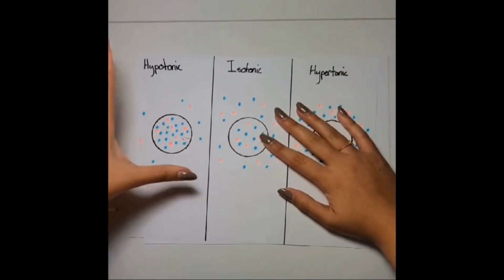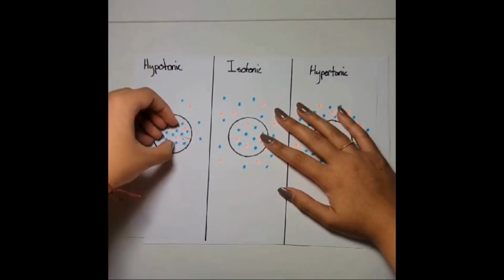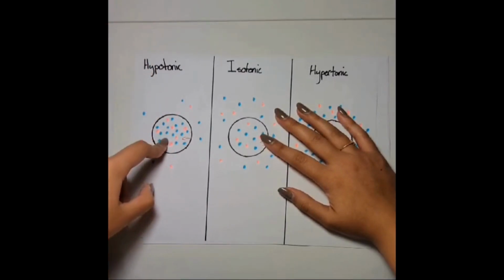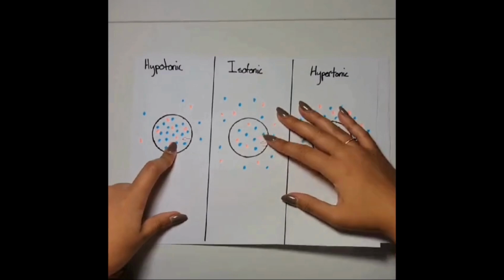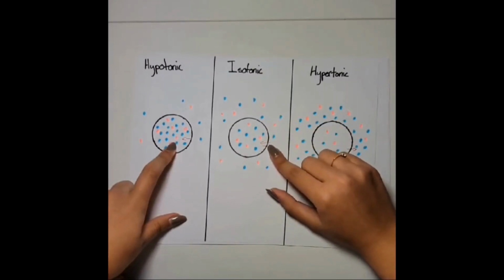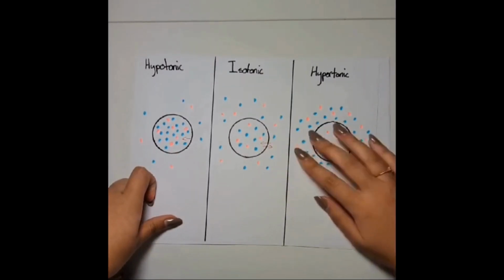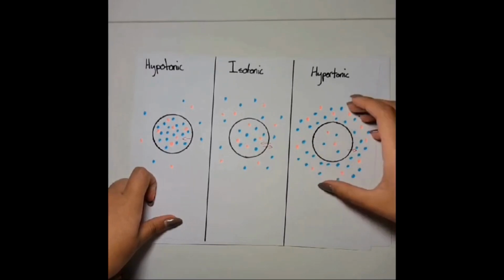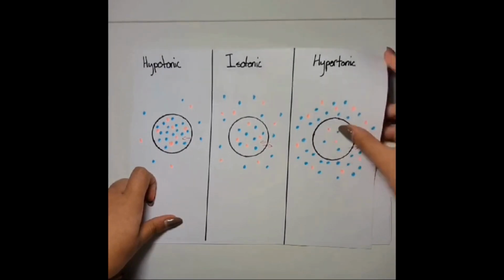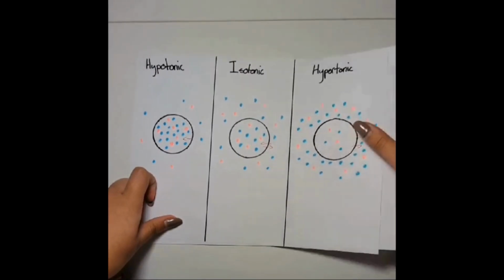So yeah, hypotonic, the water goes inside to be with the higher concentration of solutes inside the cell. Isotonic, it is more or less equal. And then hypertonic, the water molecules leave the cell to be with the higher concentration of solutes that are outside of the cell.